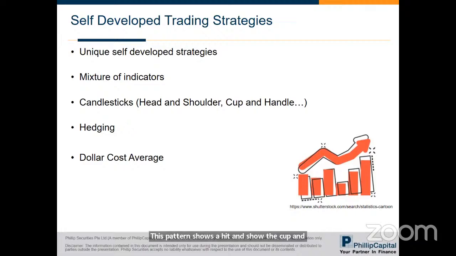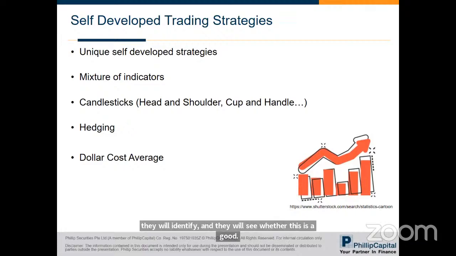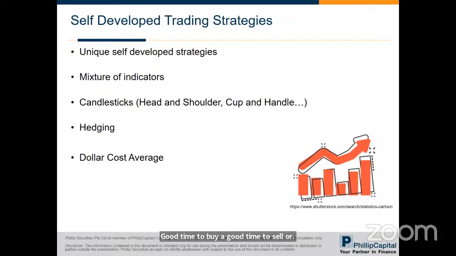There are different types of candlesticks. If it's a doji candlestick, they will identify it, then see whether this is a good time to buy or a good time to sell, based on the indicators shown. Some people use moving averages, and some people use support and resistance to help them make decisions when it comes to trading.